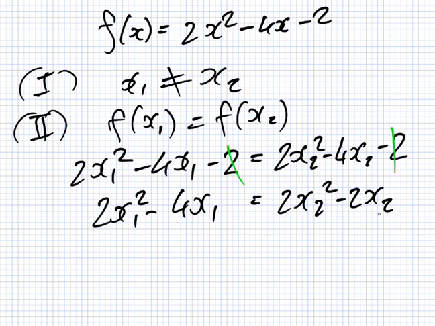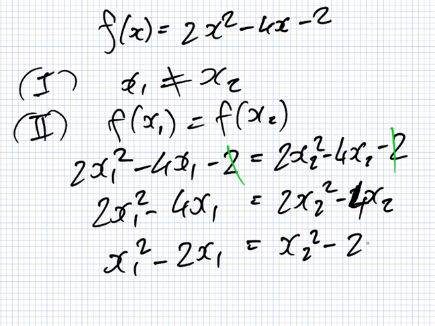What can I cancel now? I can divide everything by 2, so now I have x1 squared minus 2x1 equals, oh sorry, I dropped that, it should be a 4 there, x2 squared minus 2x2. Here I'll factorize.